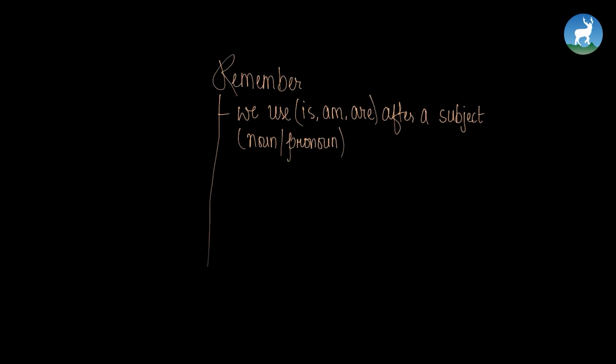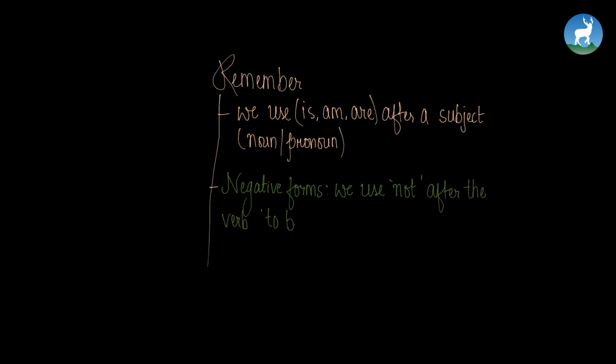So remember, we use is, am, or are, the verbs to be, after a subject, noun, or pronoun. For negative forms of the present simple for the state of being, we simply use not after the verb to be. The verb to be: is, am, and are. And to form questions in the present simple tense for the state of being, we invert the subject and the verb to be.